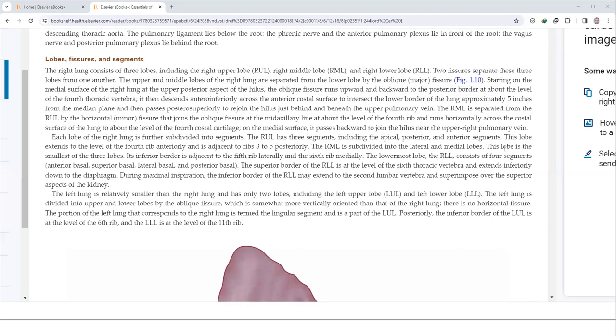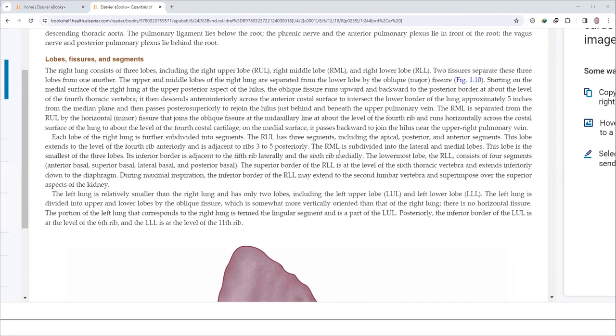This lobe extends to the level of the fourth rib anteriorly and is adjacent to ribs 3 to 5 posteriorly. So these are the anatomical landmarks. Anteriorly, it extends to the fourth rib, and posteriorly, it is adjacent to ribs 3 to 5.